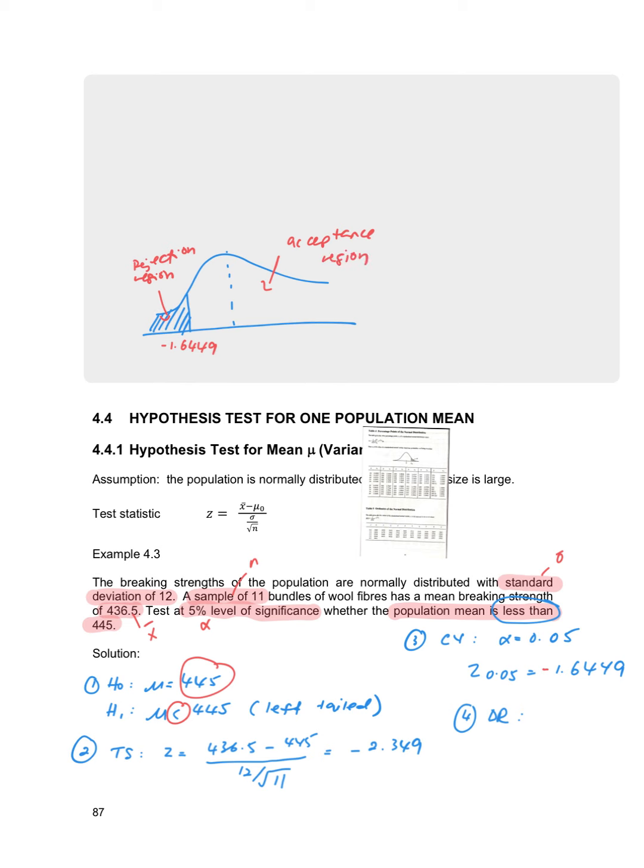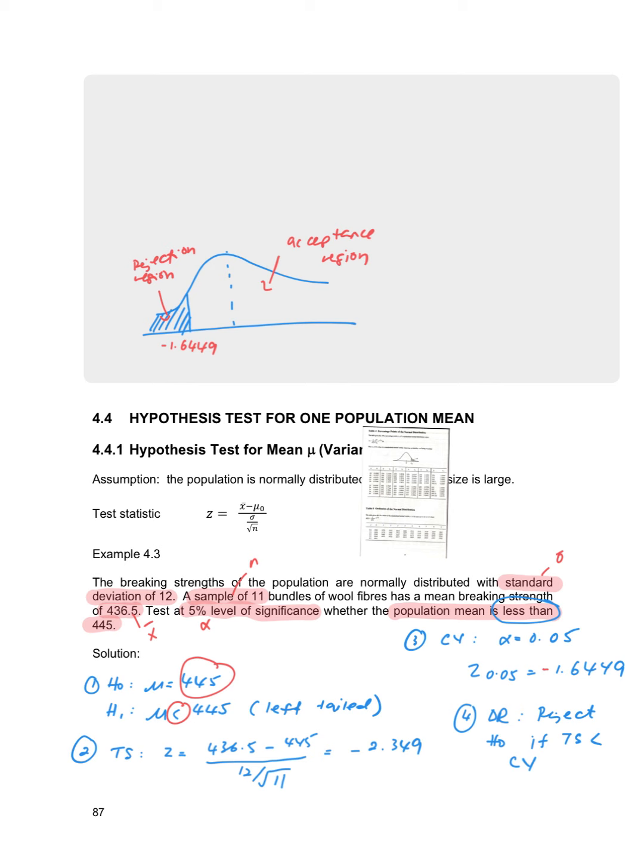So we can write the decision rule as reject the null hypothesis, reject H0, if the test statistic is less than the critical value. So if the value is less than negative 1.6449, then we will decide to reject the null hypothesis.